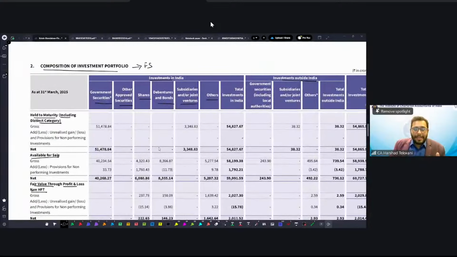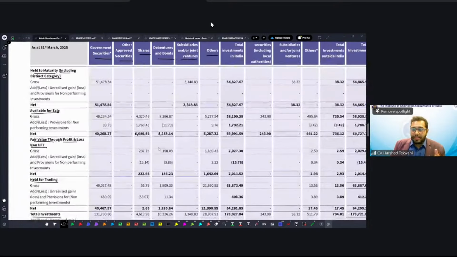So investments are required to be classified in these categories. As an auditor, we are required to understand how to classify securities in these buckets. Only then will you be able to audit. Which security should go into held to maturity, which into available for sale, which into fair value, which into held for trading. Only then will we be able to identify whether the classification is correct or not.